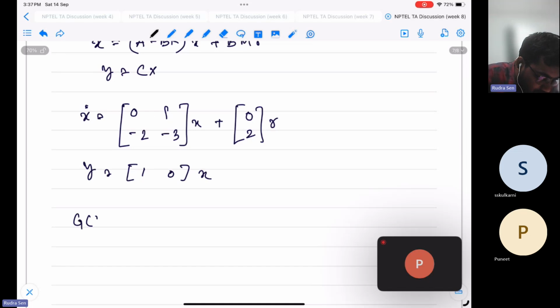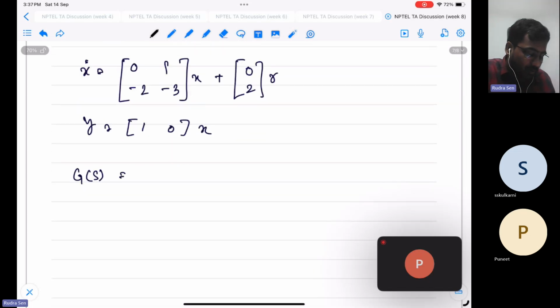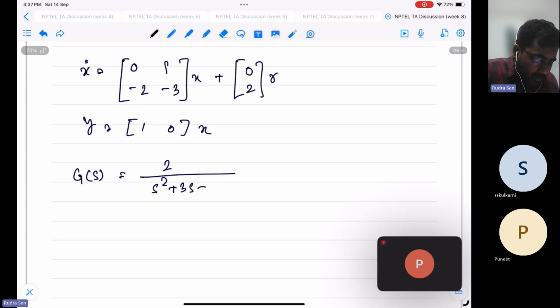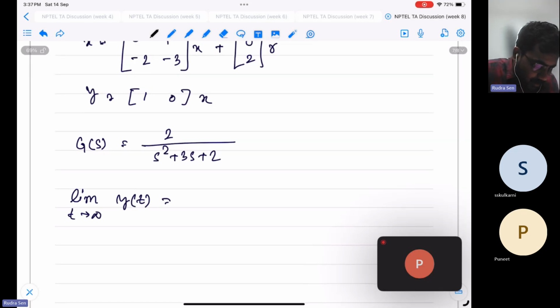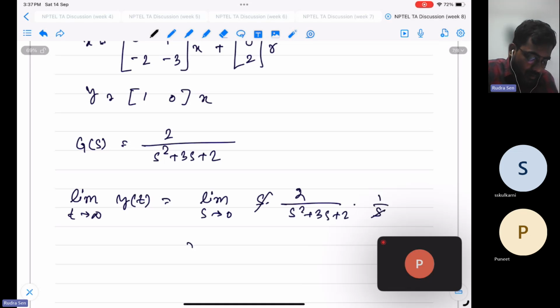Now if you do the transfer function, what would be the transfer function? The transfer function would be 2 by s square plus 3s plus 2. So now if you find the steady state value as t tends to infinity, so s tends to 0, s into 2 by s square plus 3s plus 2 into 1 by s, you will get this 1.